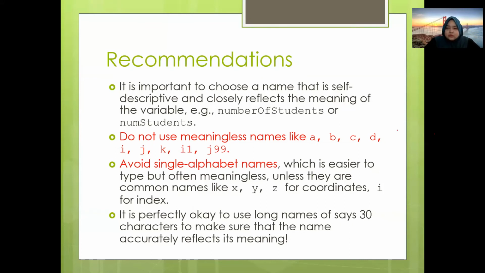Dan tolong jangan guna macam ini. Okay, ada juga yang guna sebab dia malas nak type, dia malas nak buat panjang-panjang. So tak boleh, dalam exam ke test ke tak boleh guna macam ni, tak boleh. Do not use meaningless name like A, B, C, D, J. Sebab you nak masukkan data tu boleh jadi 10 atau 15 data ke dalam variable yang berbeza.